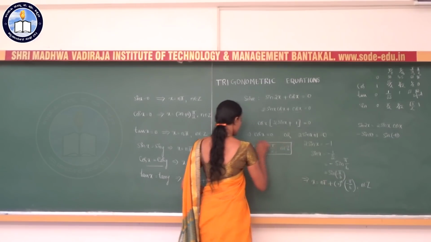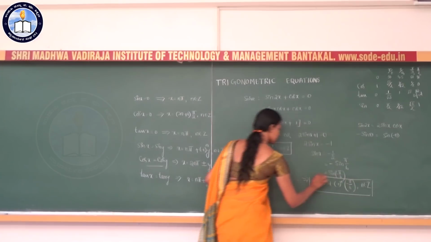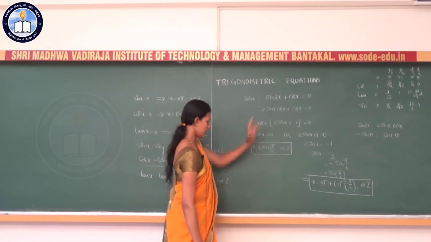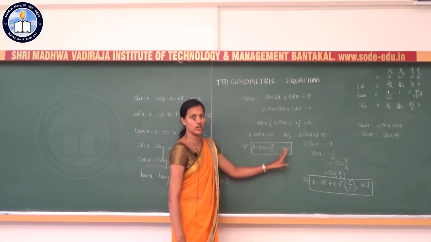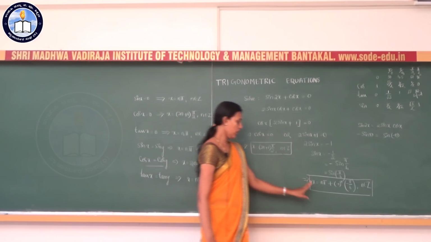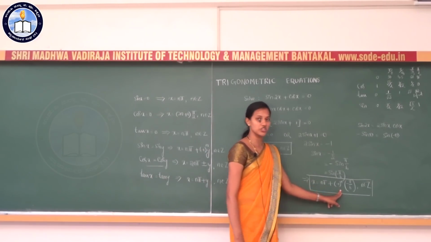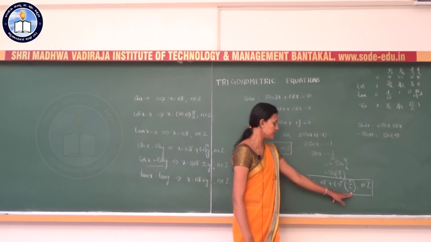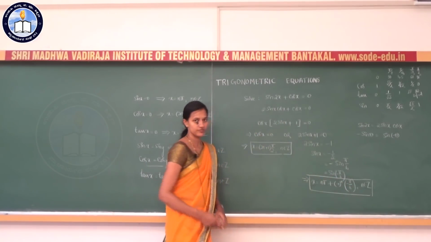So the general solution of the given trigonometric equation is x is equal to 2n plus 1 into pi by 2 for integer n, or x is equal to n pi plus minus 1 to the power n into minus pi by 6, where n is an integer.